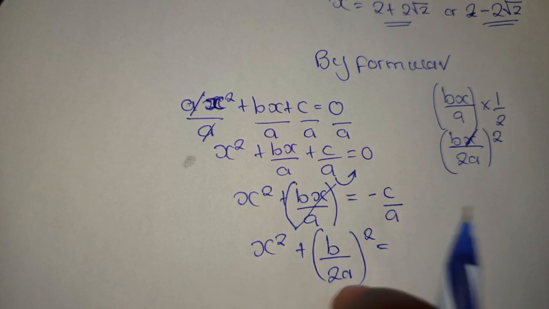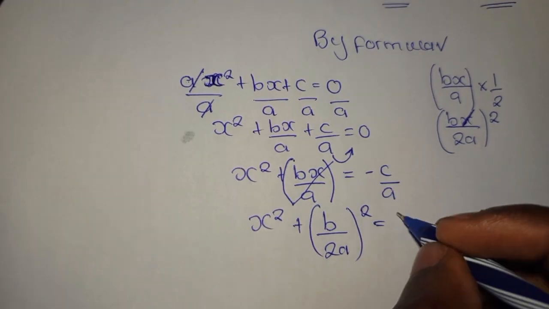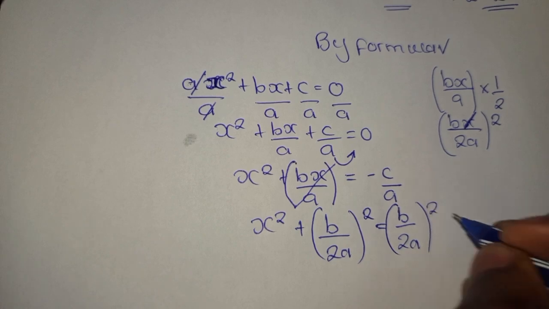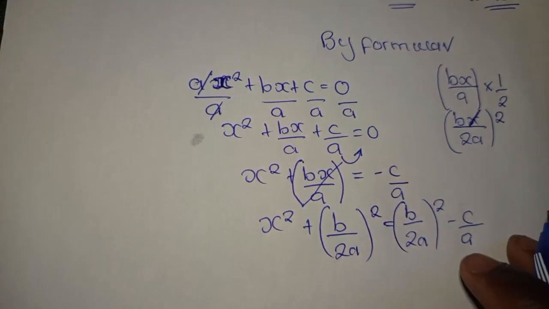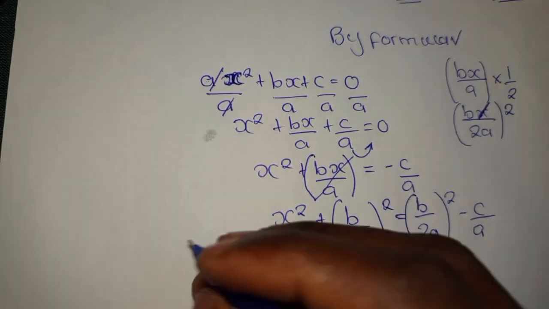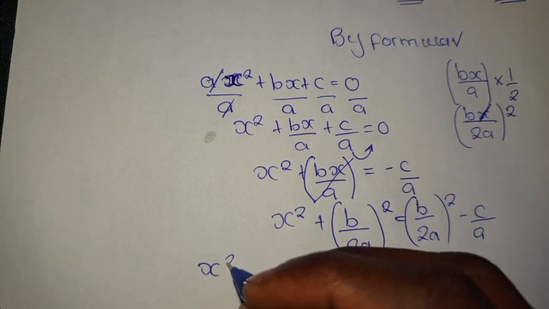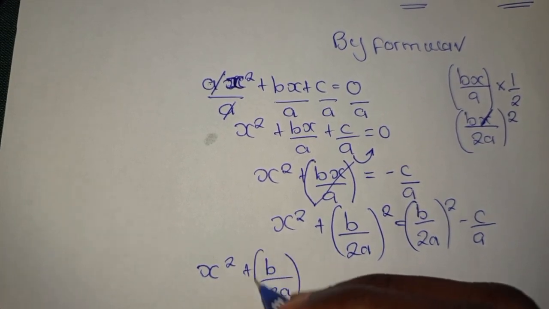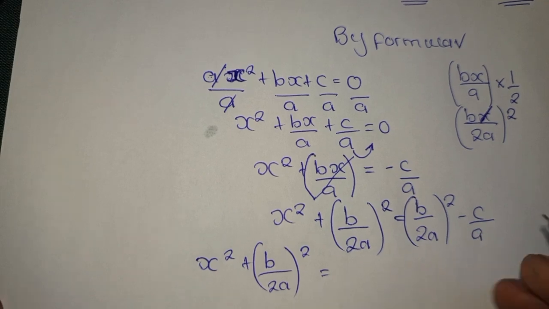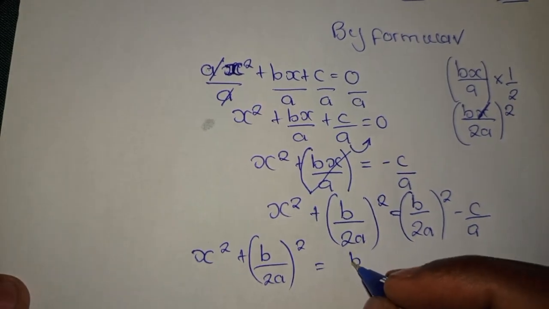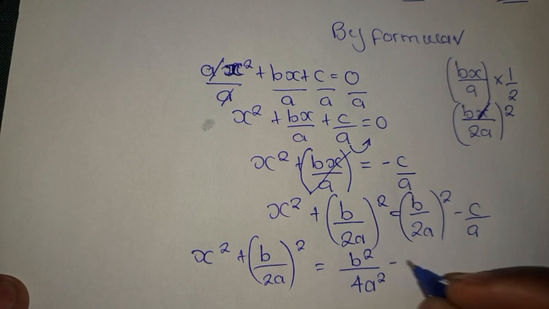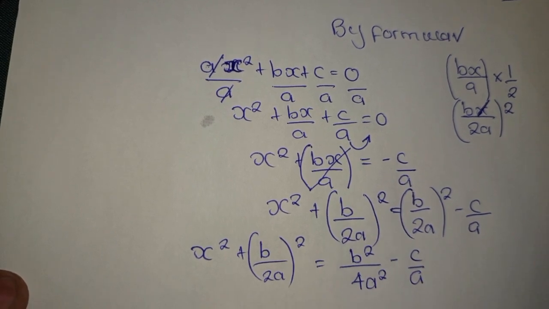You add the same expression both sides, and you have b over 2a squared minus c over a, where we know basically that this is the same as x squared plus b over 2a squared equal to this. We can simplify it, it will become b squared over 4a squared minus c over a.